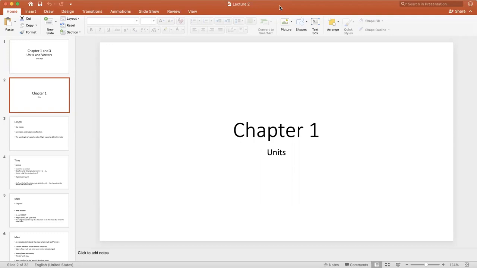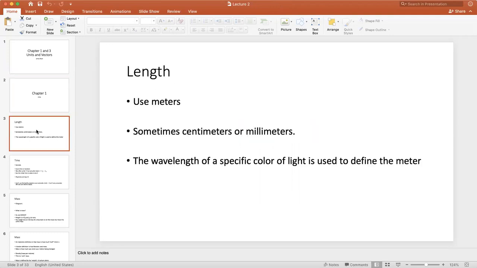Okay. All right. So the unit of length that we use in SI units is called the meter. We'll often go to centimeters or millimeters. Those tend to be useful for measuring everyday objects.